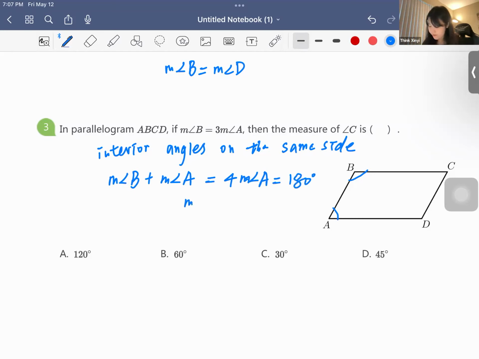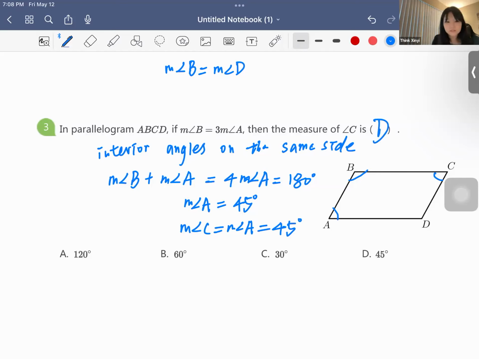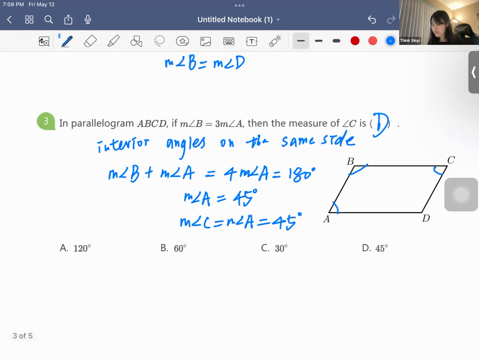So we have A equals 45 degrees, right? Based on the properties, the opposite angles are equal to each other. So angle C equals angle A equals 45 degrees. Okay, choice D. Okay, that's for the third question.